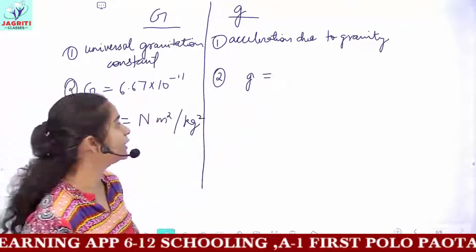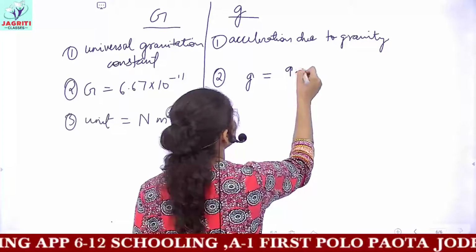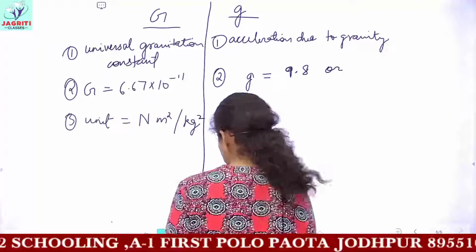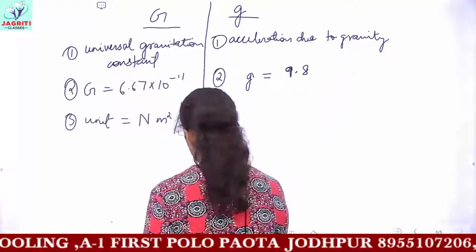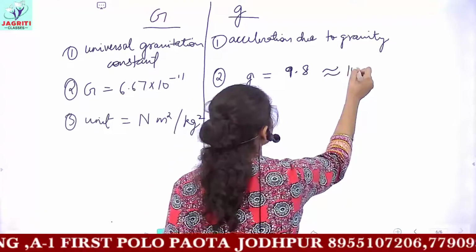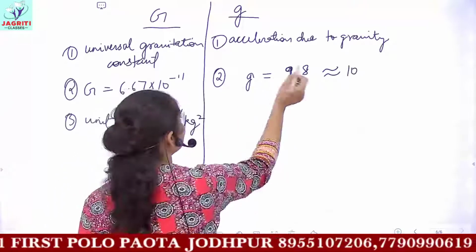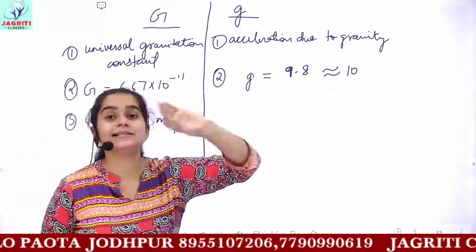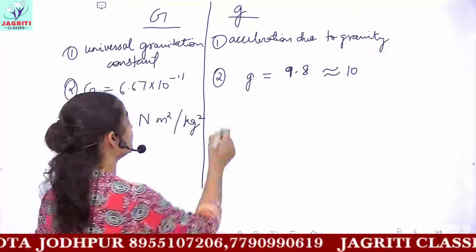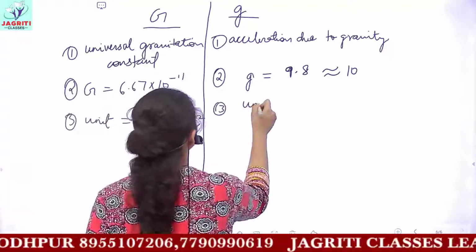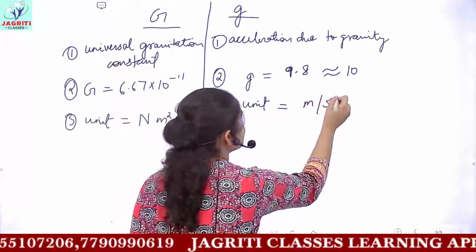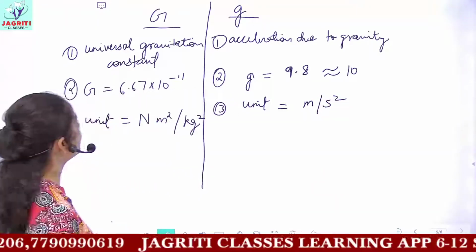But for writing the difference, the value of small g is 9.8, or for numericals we sometimes take it approximately 10. If you write just the value, it is incomplete, so the third point should be its unit. The unit of small g is meter per second square.